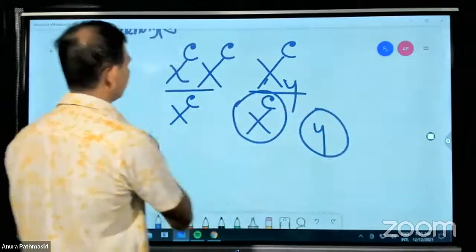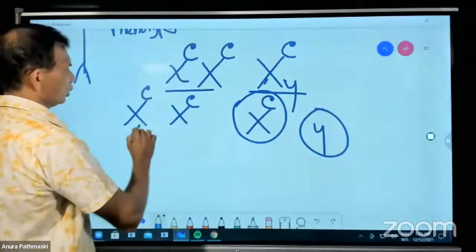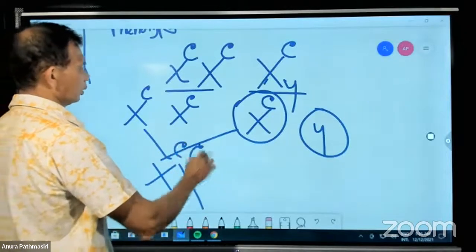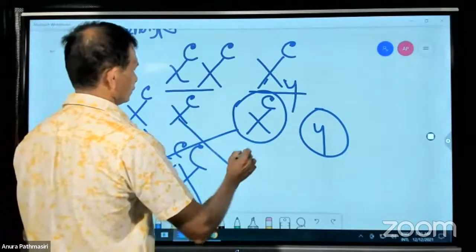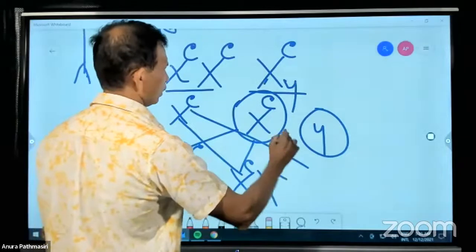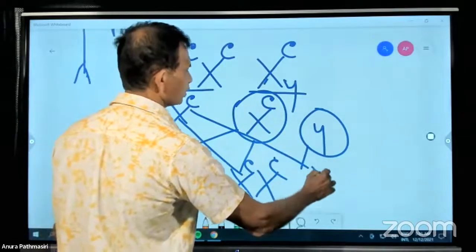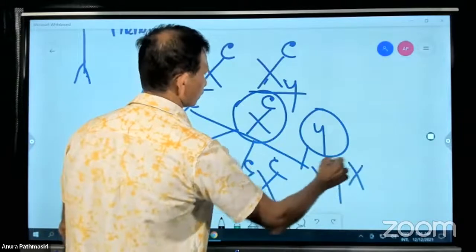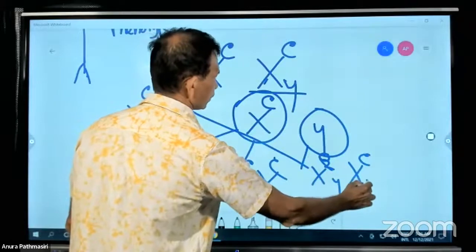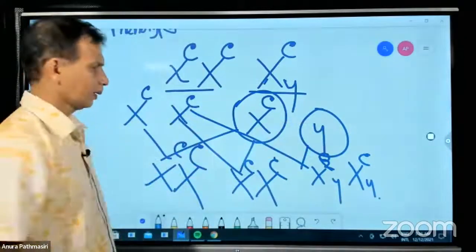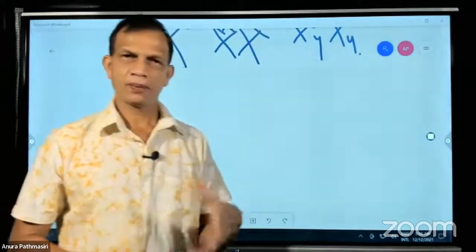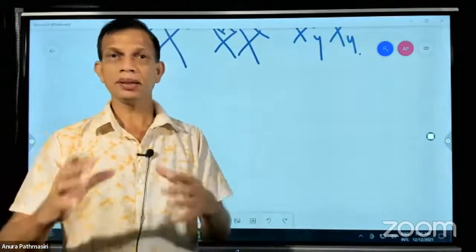So when combining these, there will be a healthy daughter, and XY, as you can see, X with capital C. So all are healthy. But let's see what actually happens when there is a particular disease.